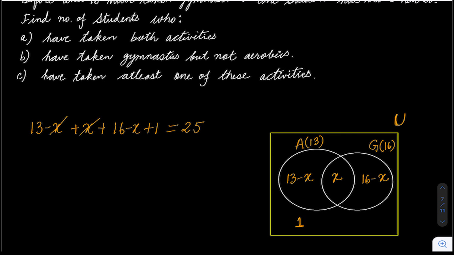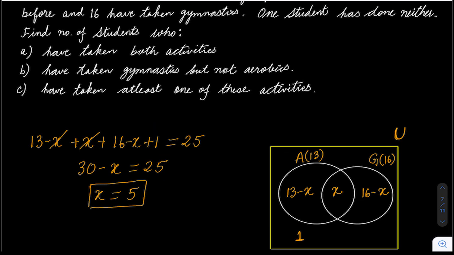Let's try to find x from this. So 30 minus x equals 25. So x is 30 minus 25, that is 5.